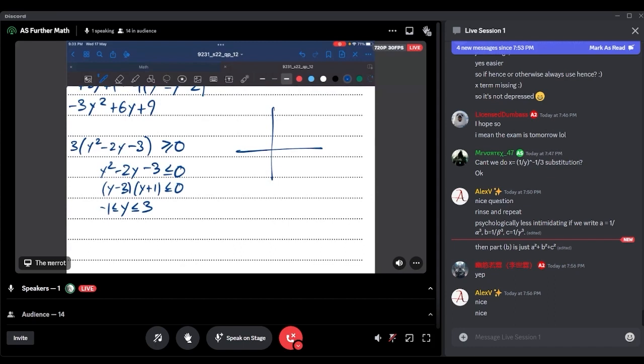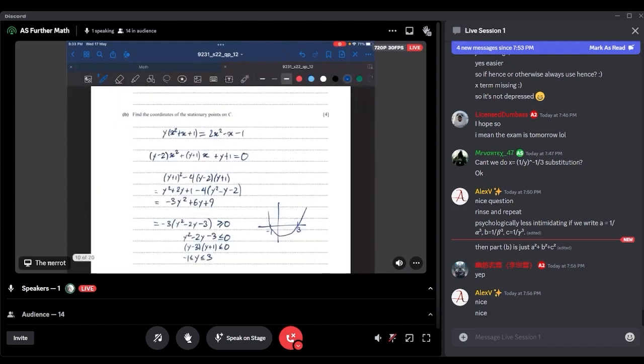Those are the roots. I'm sorry, I'm very bad at drawing. I hope you get the point. And when is it less than or equal to 0? Well, it is in this region, and that's the answer for y.